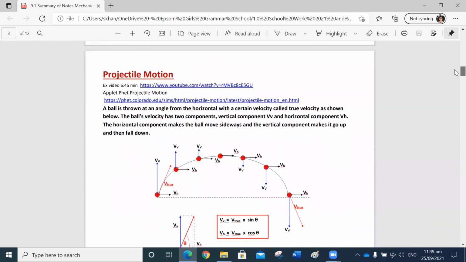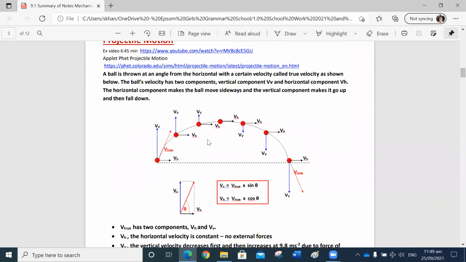So for projectile motion, we divide the velocity into two parts, horizontal component and vertical component. For a horizontal part, we use constant velocity equation. For vertical part, we use kinematic equation.